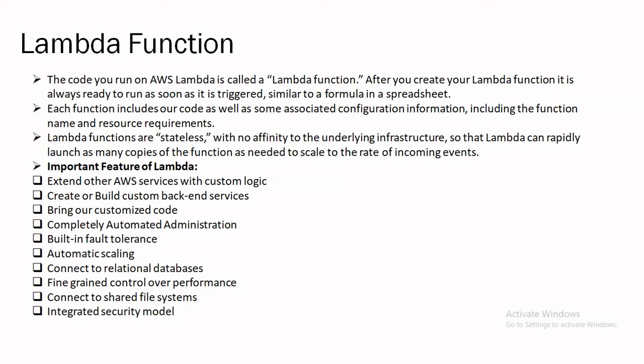Next is connect to shared file systems. We can use it to securely read, write and persist large volumes of data at low latency at any scale. We don't need to write code to download data to temporary storage in order to process it.